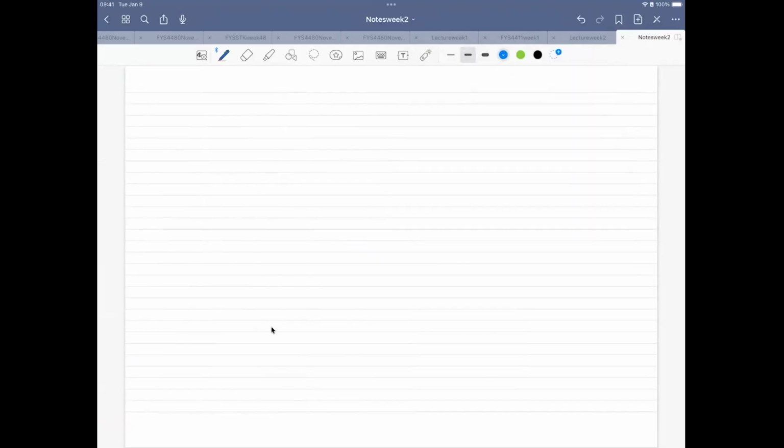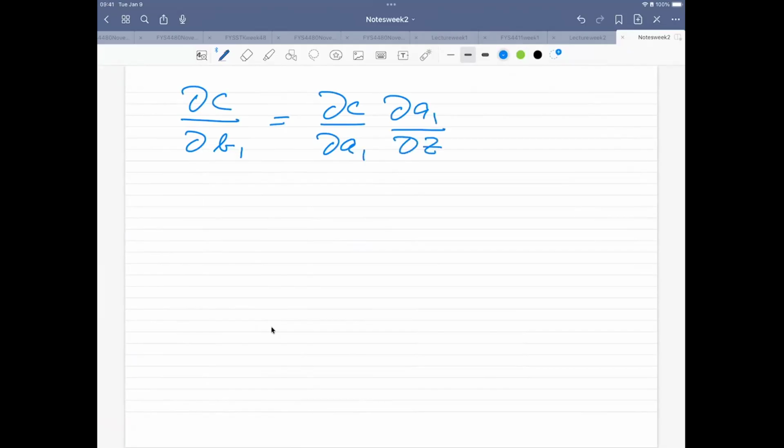So if we then move on, we also need the other derivative. The other derivative which we need is dC, the cost function, with respect to B1. In this case, this is just going to be dC/dA1 and dA1/dZ1, again the chain rule.